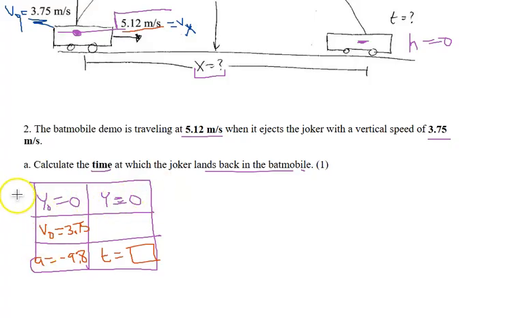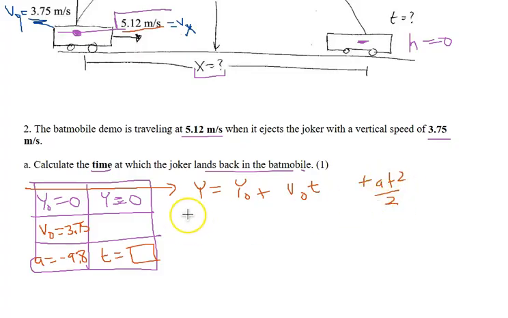So we know more about the position because this row is complete. So we're going to say y equals y naught plus v naught t plus a t squared over 2. I end on the ground. That's the output of my function at the time I care about. I started on the ground. I did have a head start. I was launched upward because I stole Batman's car. And I'm on Earth, so gravity's pulling me down.